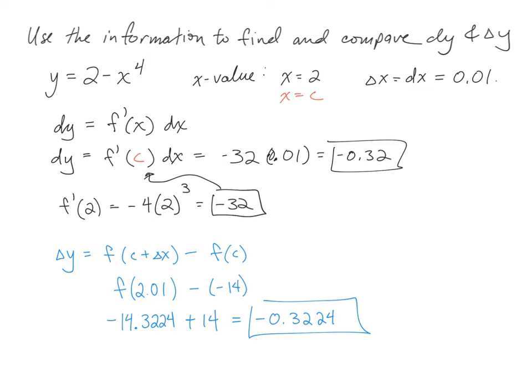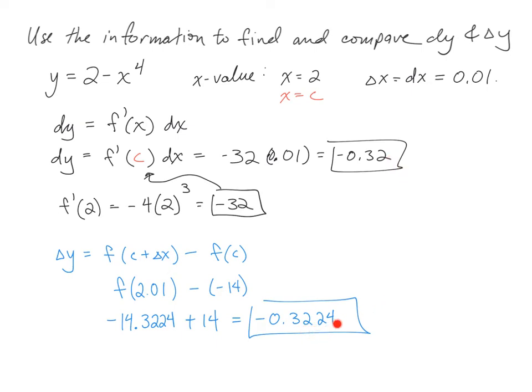So once you substitute 2.01 in for x, you'll raise it to the fourth power and take it away from 2. You get negative 14.3224. Then the negative 14 here becomes positive, and when you combine these two, you get negative 0.3224.